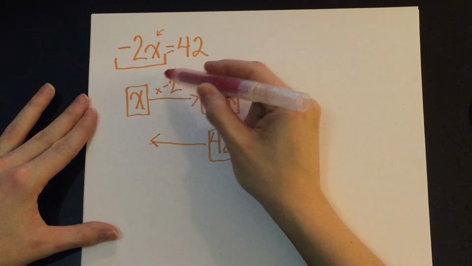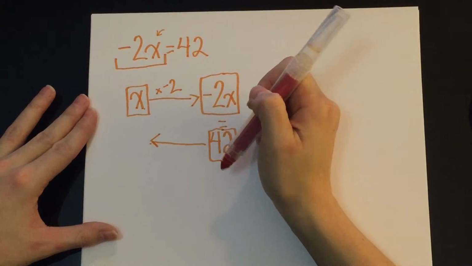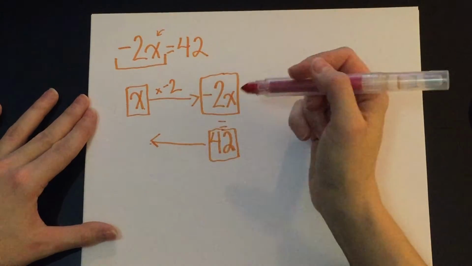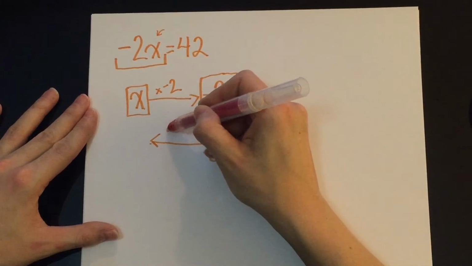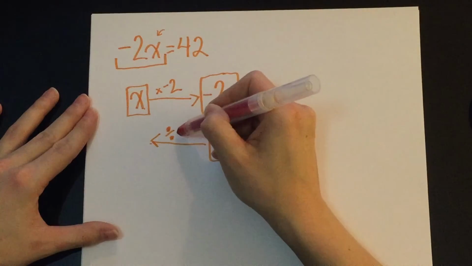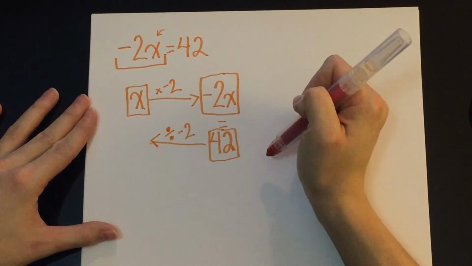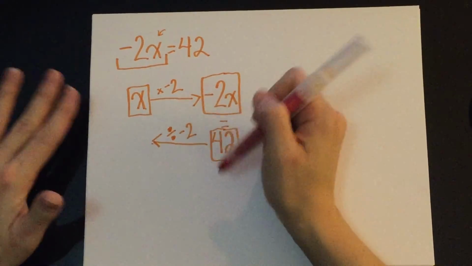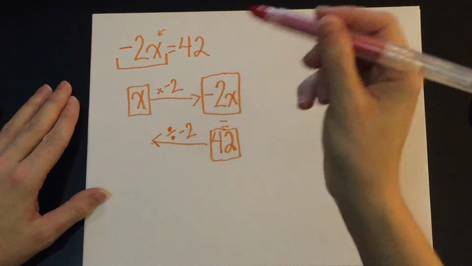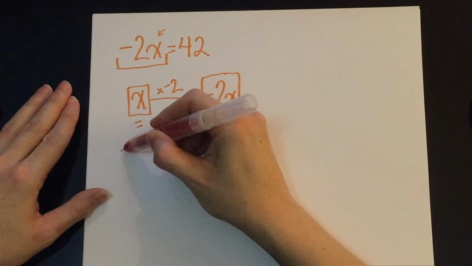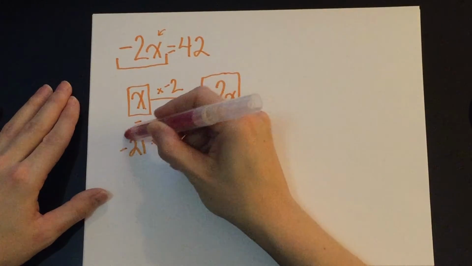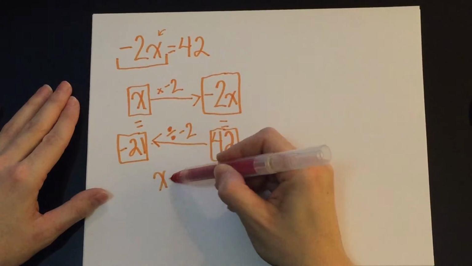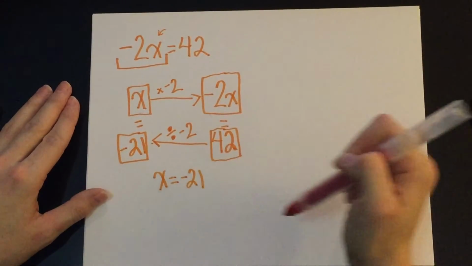We're going to undo this multiplying by negative 2. To undo, or do the inverse of, multiplication is to divide by negative 2. So 42 divided by negative 2, you could plug it into your calculator if you want, equals negative 21. So x equals negative 21.